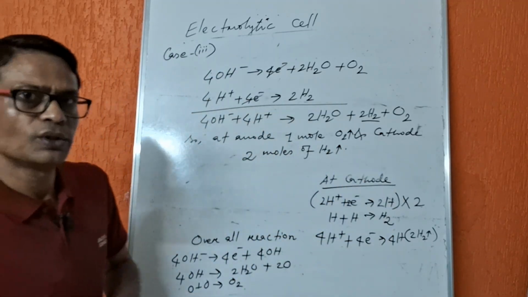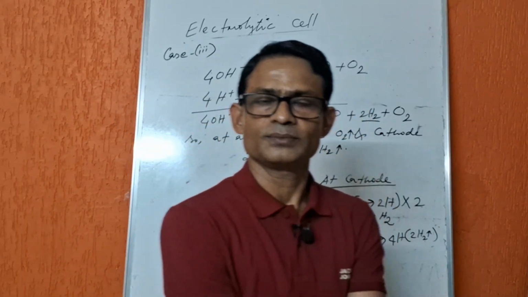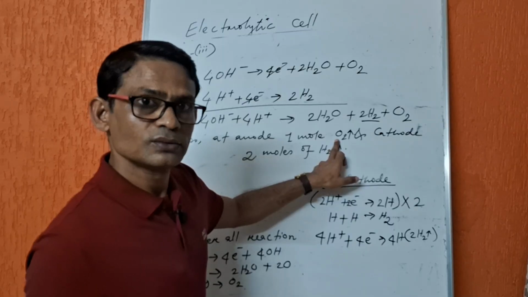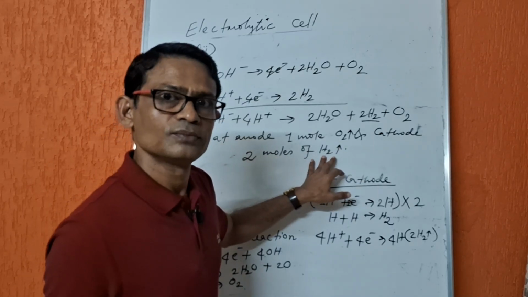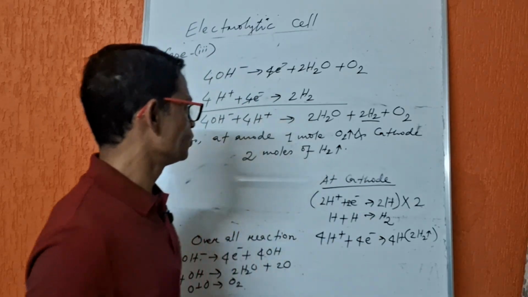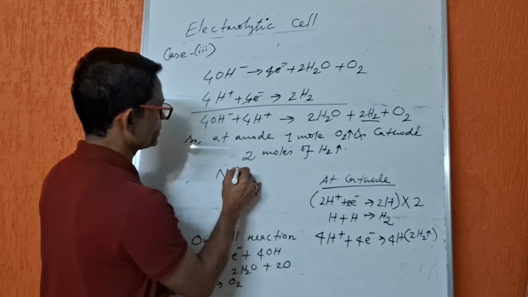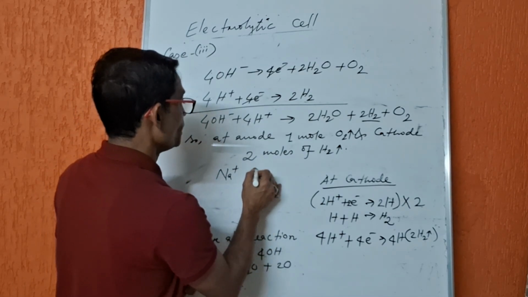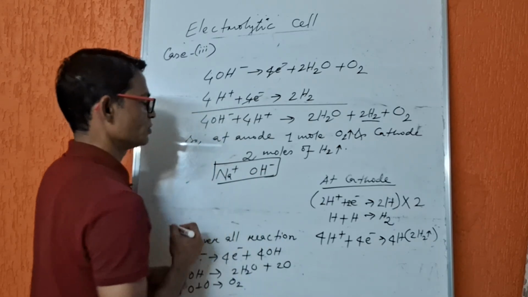So when electrolysis of diluted sodium chloride is done, at the anode there is oxygen and at the cathode a hydrogen molecule is produced. In the solution there will remain Na plus and OH minus, the H plus and OH minus.